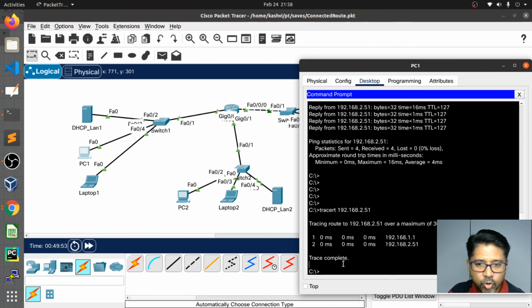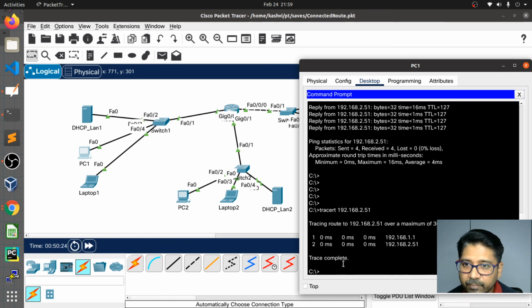Okay, so we understand the connected route here, which is associated with the respective router. In the next upcoming class we're going to see static routes, how a static route connects more than two routers, and you populate the routing table for those routes which are connected to the respective router.